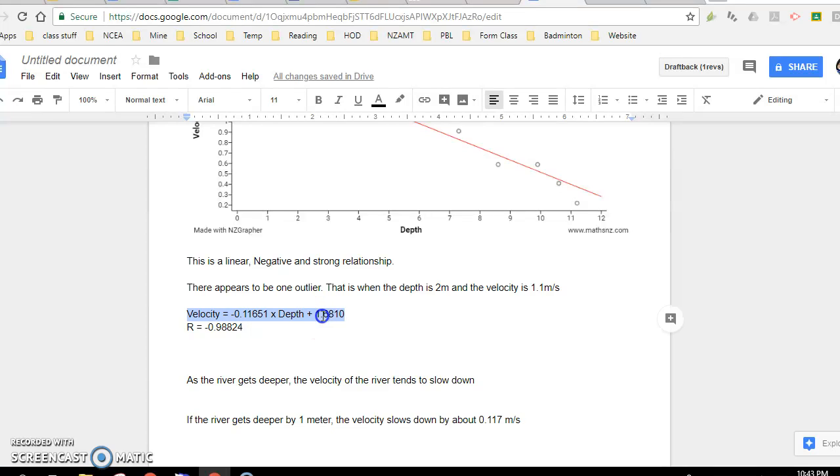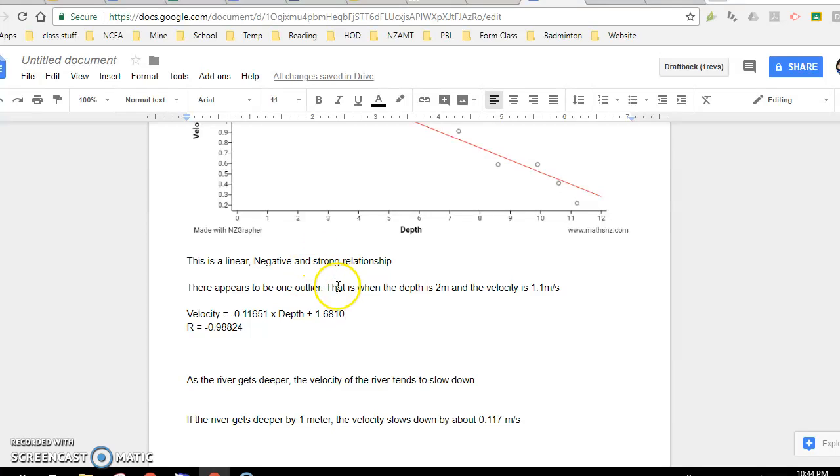Sometimes this number here would make a little bit of sense. Kind of doesn't in this case. So this would be saying that if the depth was 0, then the speed would be 1.8 meters per second.